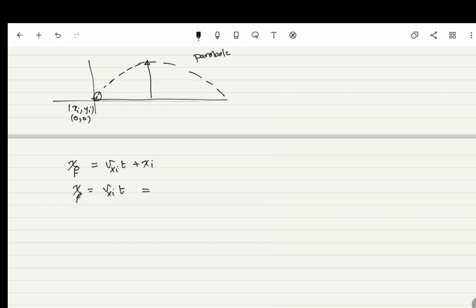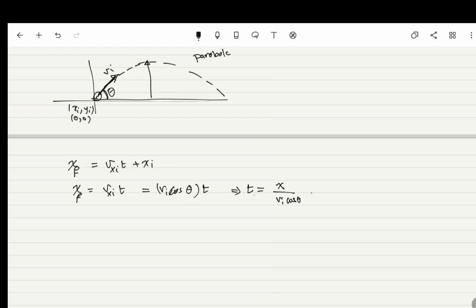Now this is the v initial and this is theta, so x equals v initial cosine theta times t. In this case, t equals x divided by v initial cosine theta.